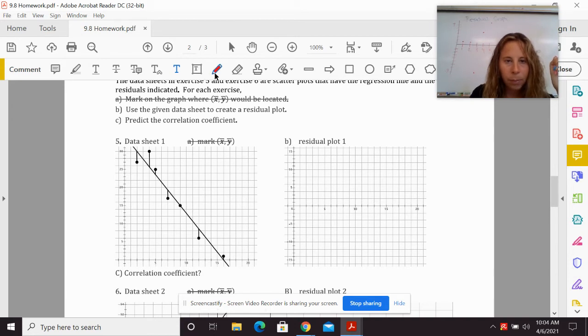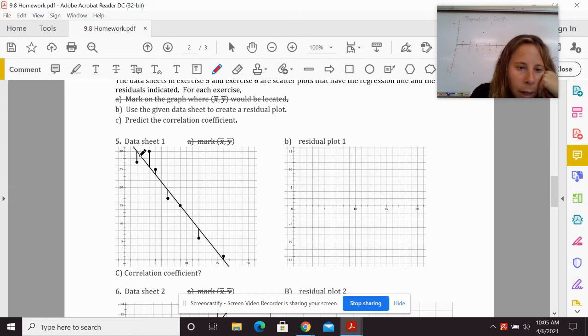So for your first one, what's your first point here? At x equals 2, how far away is that? It goes from 25, 26, 27, 28.